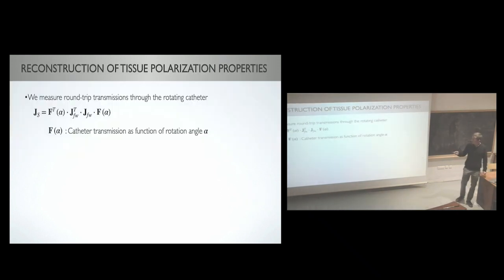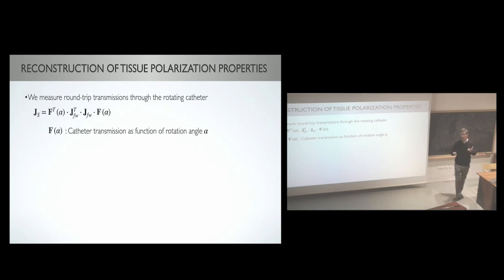But I'm going to get back again to this issue with the round-trip matrices, because so far I didn't explain how we deal with the fact that we actually image through a rotating catheter. So the catheter is part of the round-trip symmetric part of the system. What we so far described as the sample matrix consists of the transmission through the catheter, followed by the tissue forward transmission and the reverse transmission.